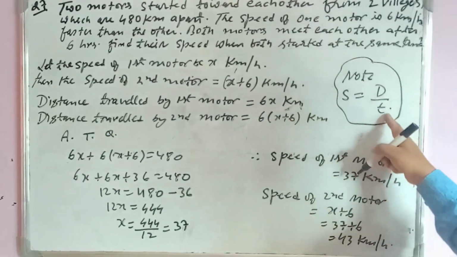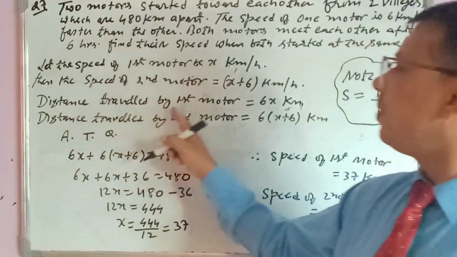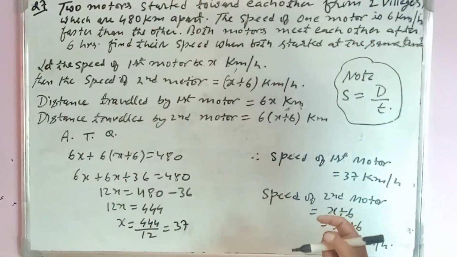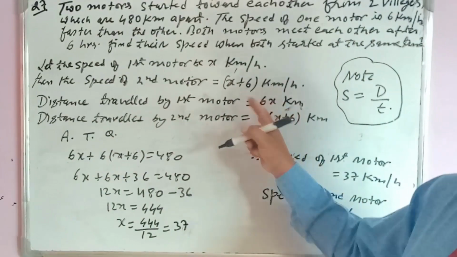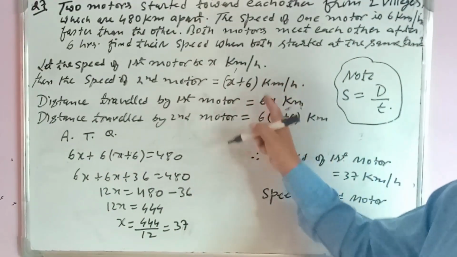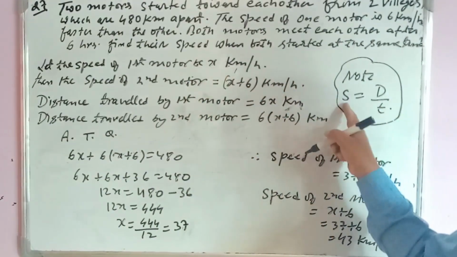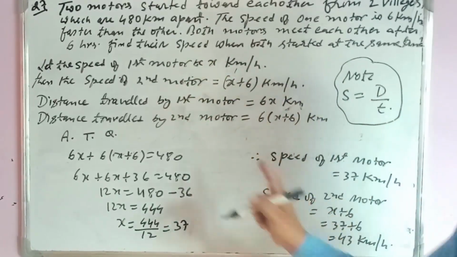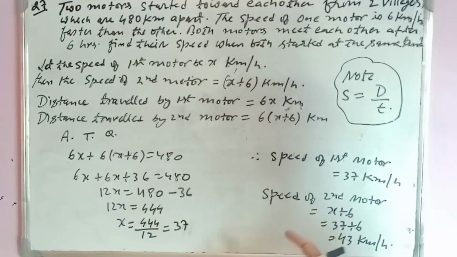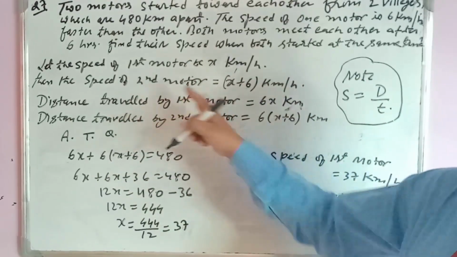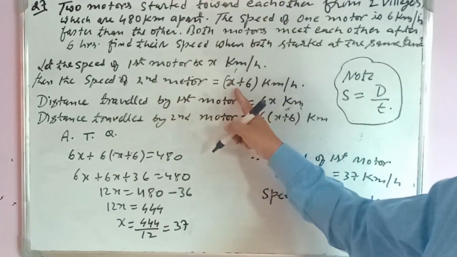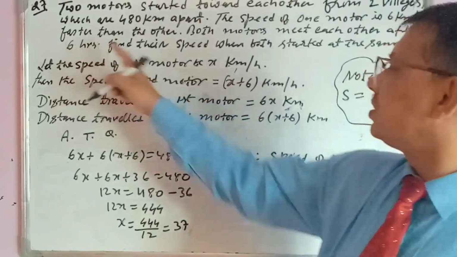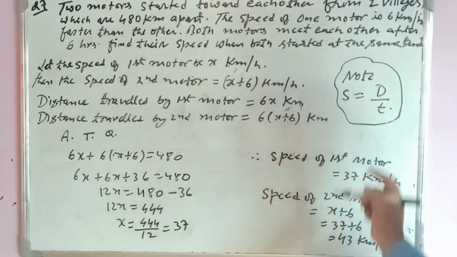The distance traveled by the first motor in 6 hours is 6x km. The distance traveled by the second motor, with speed x plus 6 and time 6 hours, is 6 into x plus 6 km.